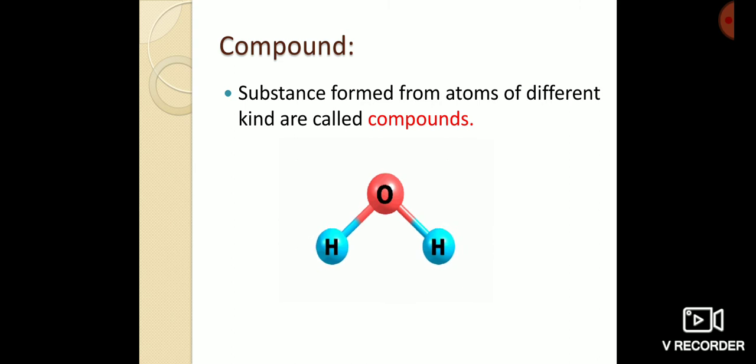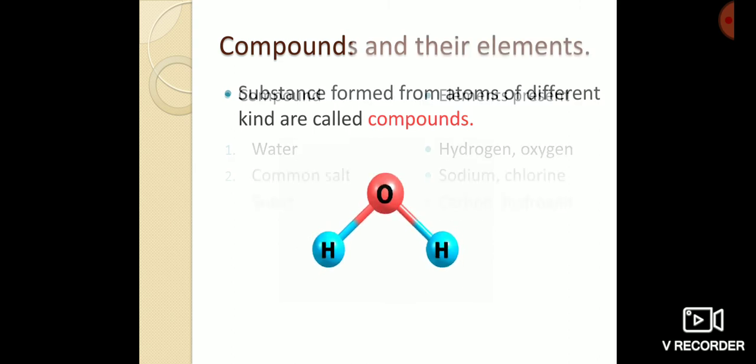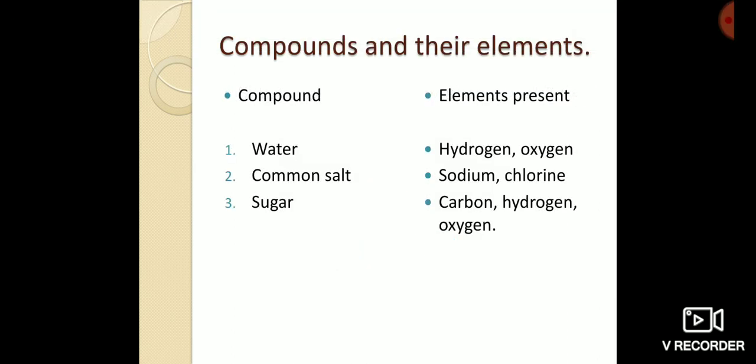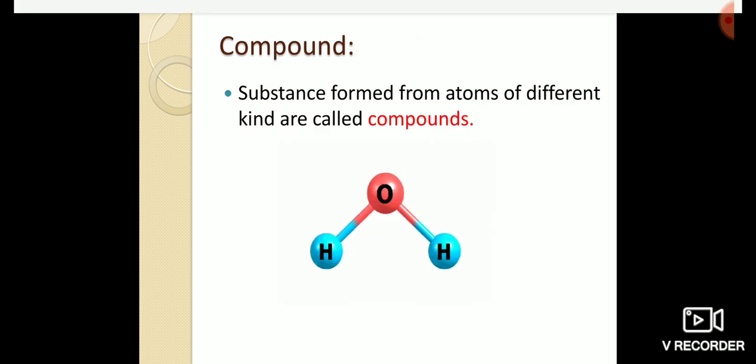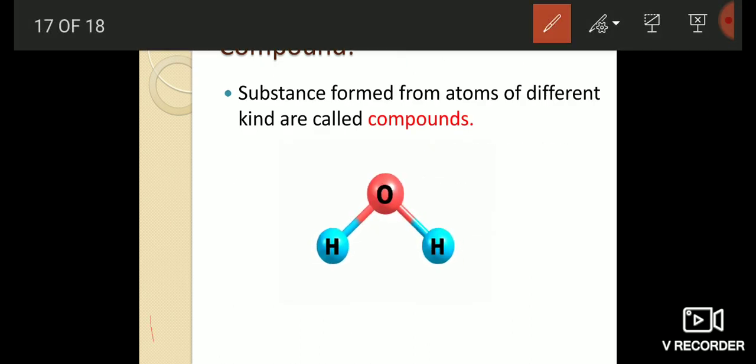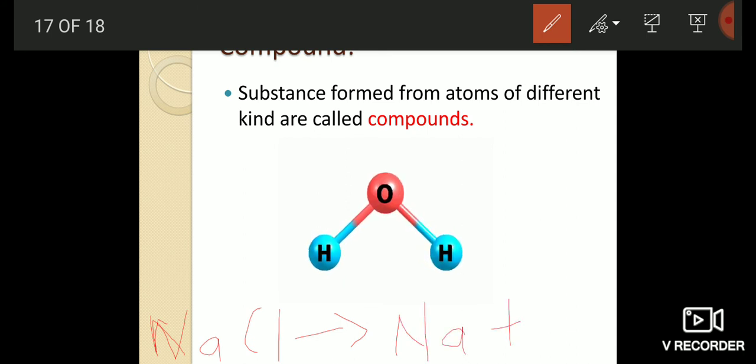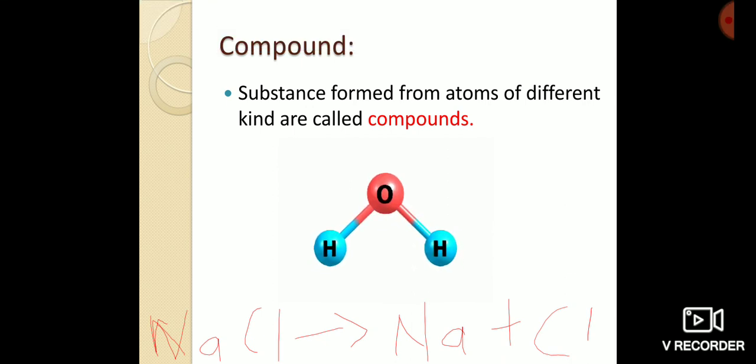The formula of common salt is NaCl. Na means sodium and Cl means chlorine. So sodium chloride is a compound, and it is made up of two elements, sodium and chlorine.